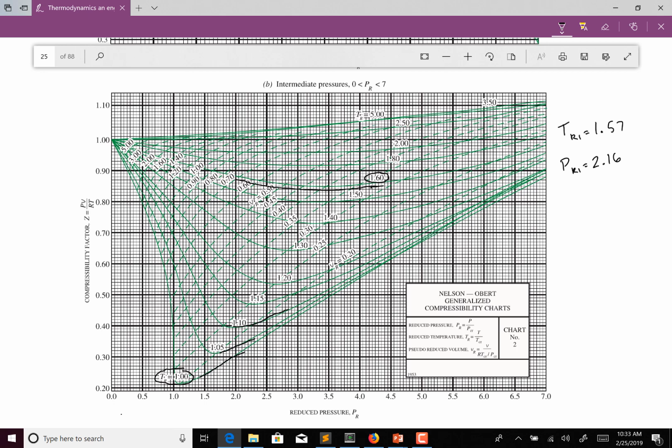this line somewhere. So now what we need to do is find the reduced pressure. The reduced pressure is along the x-axis. We have 2.16, so that is going to be somewhere between 2.0 and 2.5, about right here.